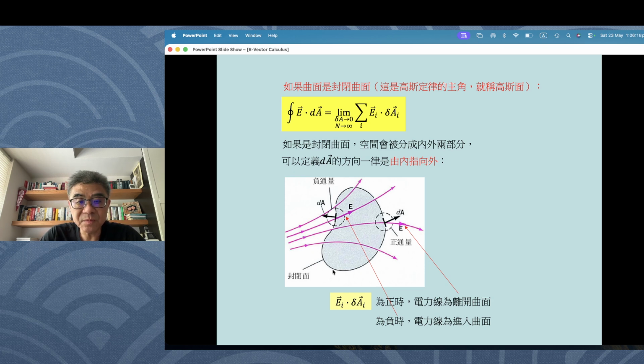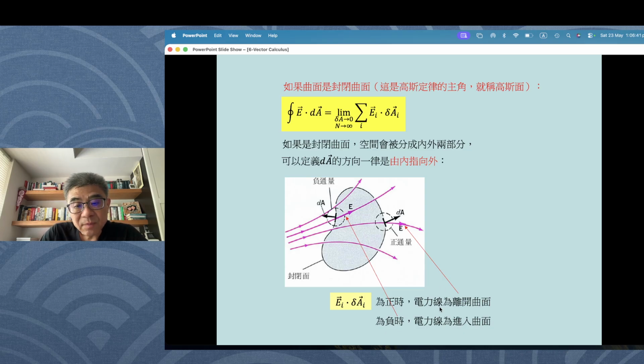This is a closed surface, and we can define the direction of the surface to be from inside to the outside, usually called outward or outward perpendicular, because it is perpendicular to the surface. In this way, the flux we just defined has a very simple meaning.